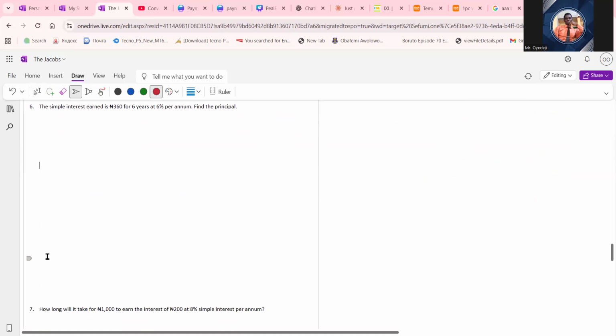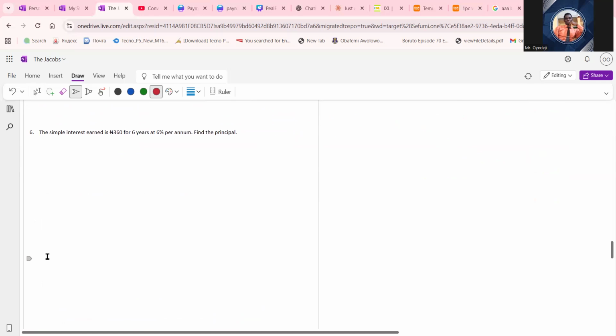The question says the simple interest earned is 360 naira for 6 years at 6% per annum. Find the principal. So you're looking for the principal. So principal equals interest times 100 over rate times time. Our interest is what? 360 times 100.